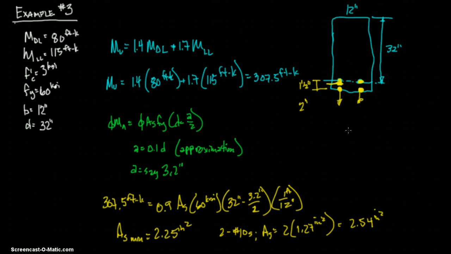All right, so in this case, let's assume it's 3 inches from center line to exterior. So that's 6 inches, and you have 6 inches in between. 6 inches, 3 inches, 3 inches. And you know what? That doesn't seem too crazy. So I would go ahead and say, yeah, 2 number 10s is fine.